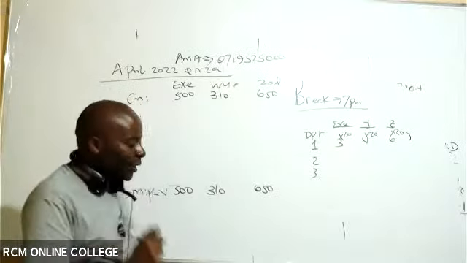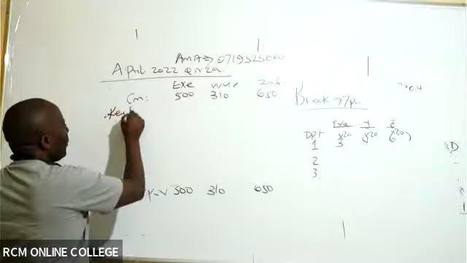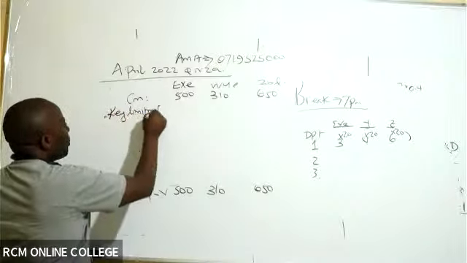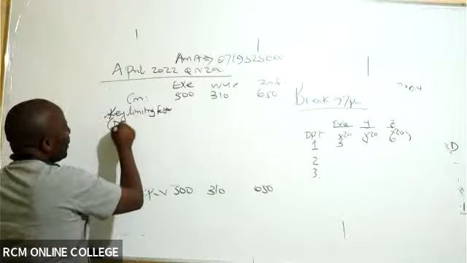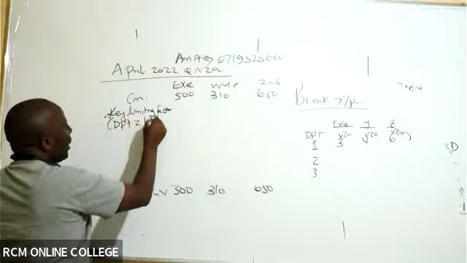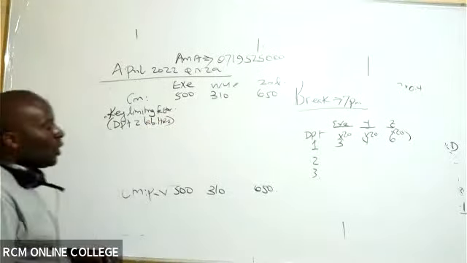So do we know what the scarce resource is? We call it the key limiting factor. So the key limiting factor is basically department 2 labor hours per unit.